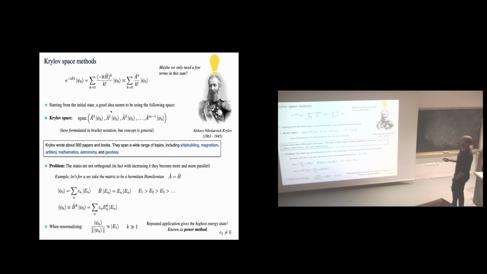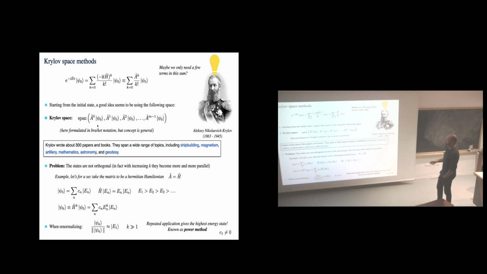So if I look at this term, I have this sum with A to some powers k. The Krylov space is a space that I introduce that should be kind of optimal to solve this. The states that would be a good idea to use are what's called the Krylov space: I take this matrix A, apply it not at all to my initial state, and that's my first state in the system.